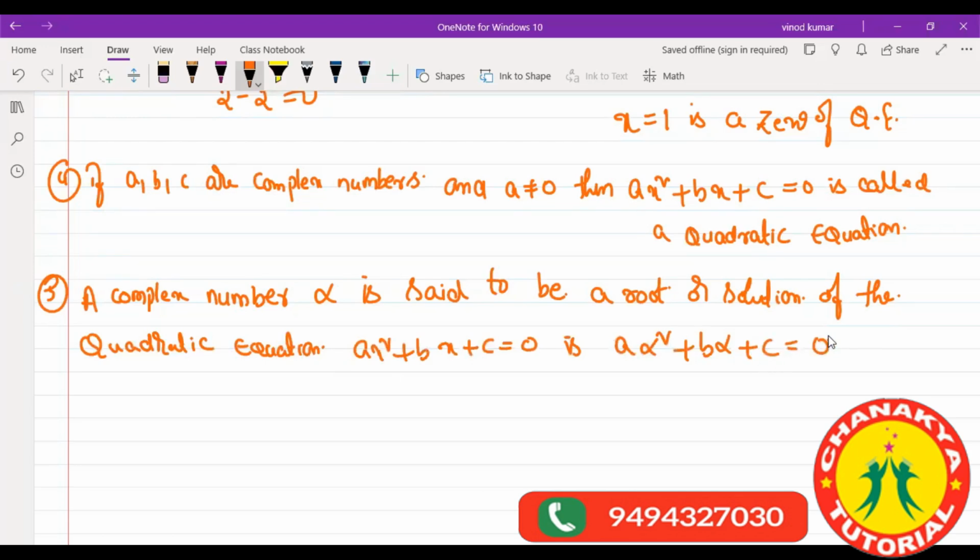That's it. The number of roots or zeros of a quadratic equation is 2.